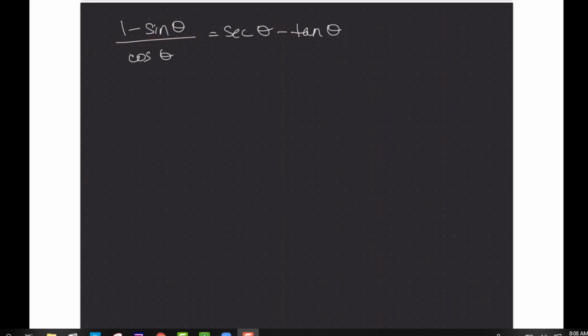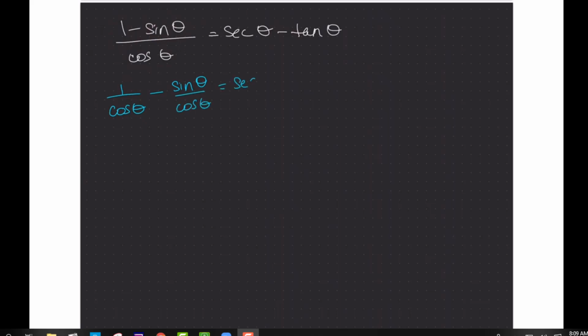You can take any fraction and split it, right? Because what's your common denominator? Cosine. So I can do 1 over cosine minus sine over cosine. So I'm going to split this into 1 over cosine minus sine theta over cosine theta.